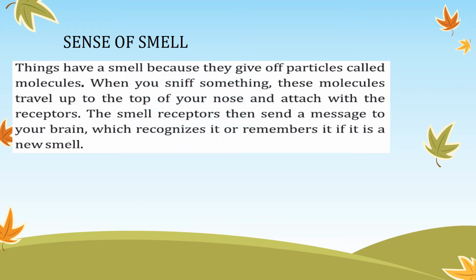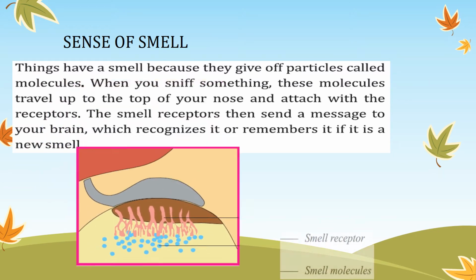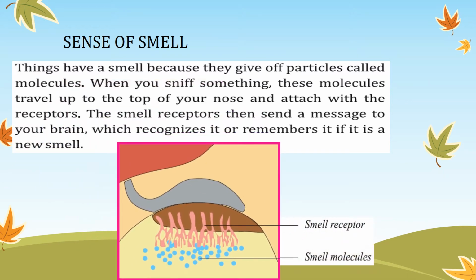Now the sense of smell. You can smell different substances easily, and tell that this smell is good, this smell is bad. Things have a smell because they give off particles called molecules. Some particles are emitted from these substances. When we sniff something, these molecules travel to the top of our nose and attach to the receptors.